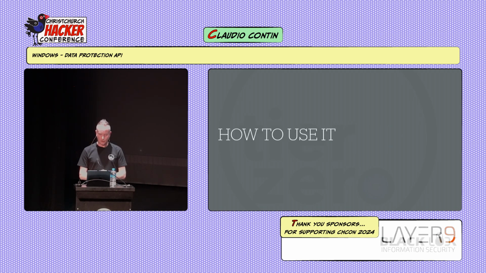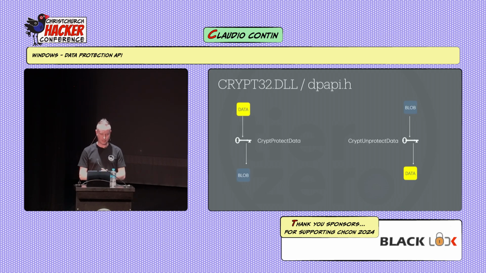So as a developer, how do you actually use the DPAPI? The DPAPI functionality is provided by the built-in Windows DLL called crypt32.dll. If you're writing C or C++ code, you need to include the dpapi.h header. The two main functions I will focus on for today are CryptProtectData and CryptUnprotectData. These are really the two main functions for the data protection API.